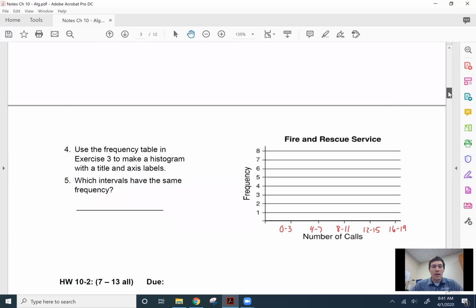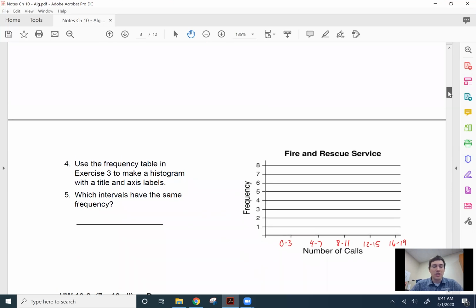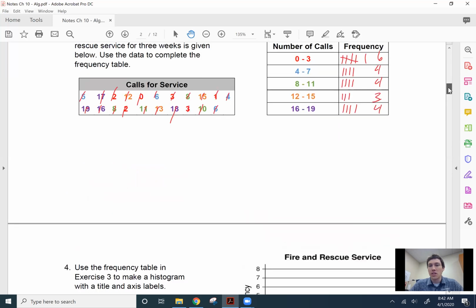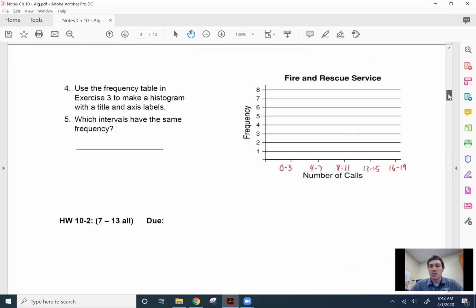Okay. And now it's saying use the frequency table in exercise 3 to make a histogram with the title and axis labels. Which intervals have the same frequency? So looking at this, we're going to make a table of this. From 0 to 3 was 6. There's 6 of these.